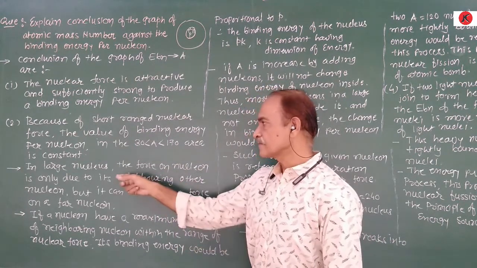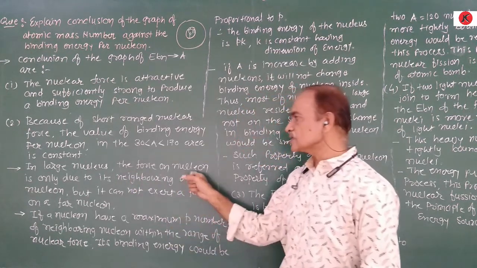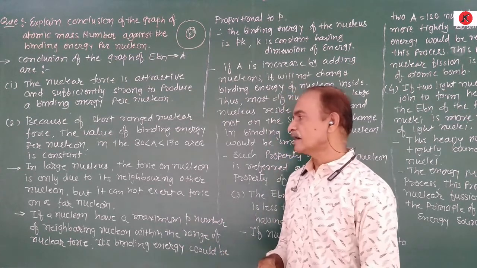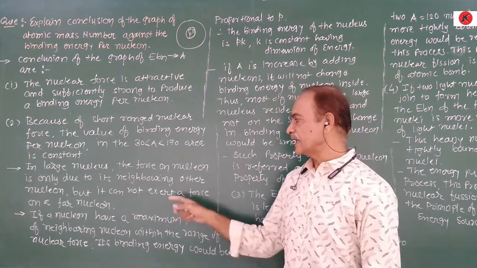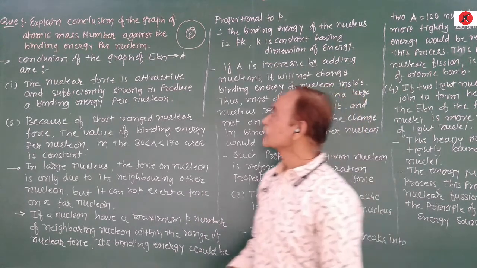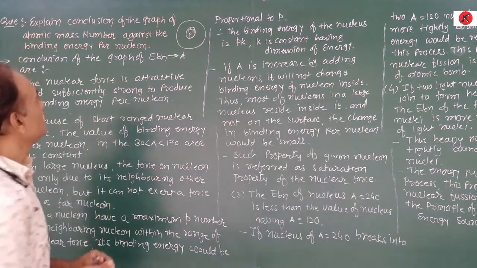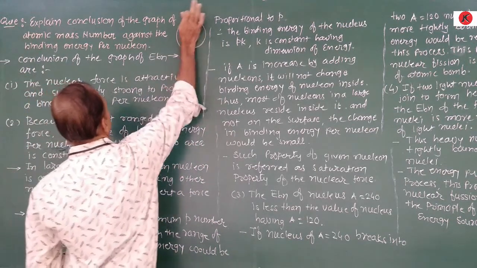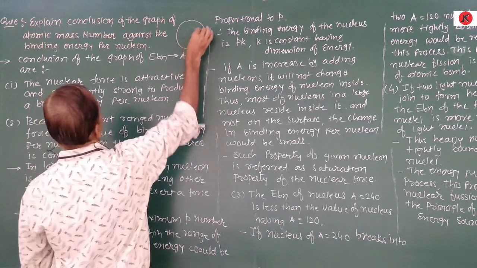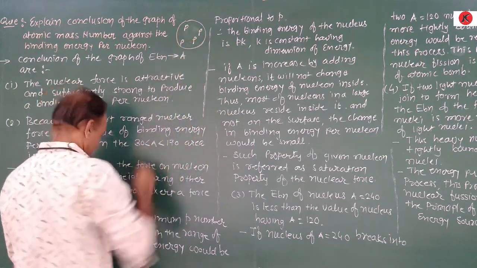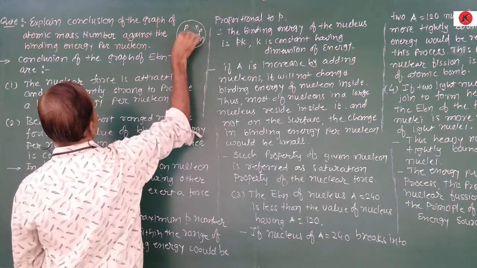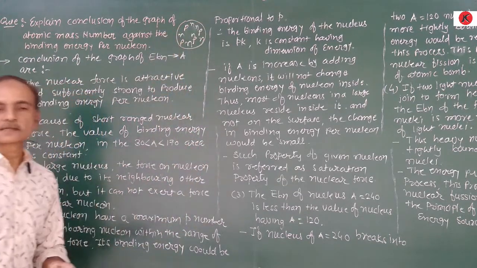What is the reason? In a large nucleus, the force on a nucleon is only due to its neighboring nucleons, but it cannot exert a force on a far nucleon. So inside the nucleus, suppose there is a heavy nucleus with a number of protons.